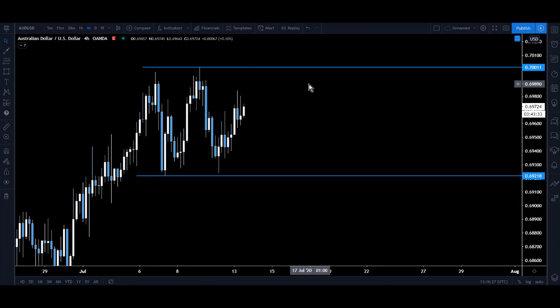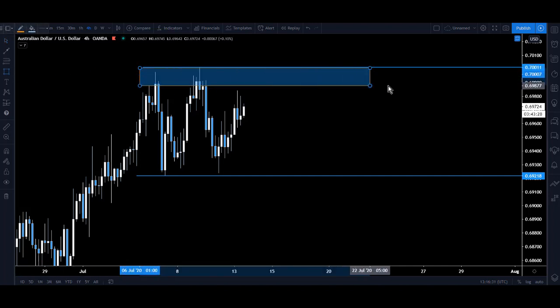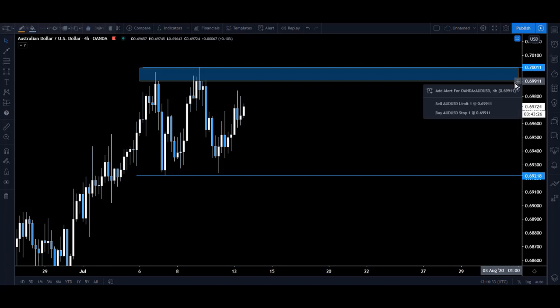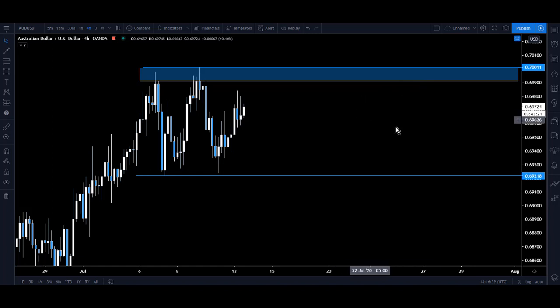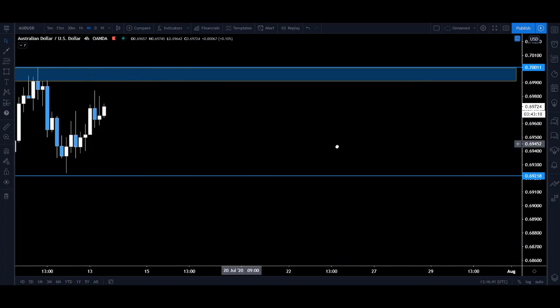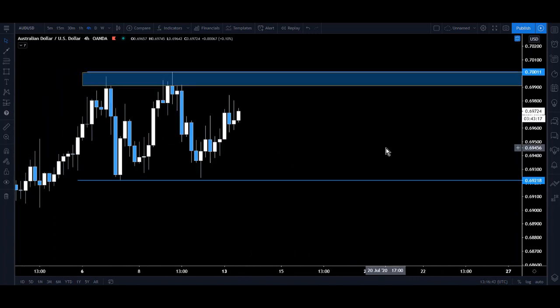I'd be, or rather we'd be very interested if price comes back into this zone here, anywhere between 0.6990 and the 0.7000 region. We'd be very interested in seeing if price rejected there again.